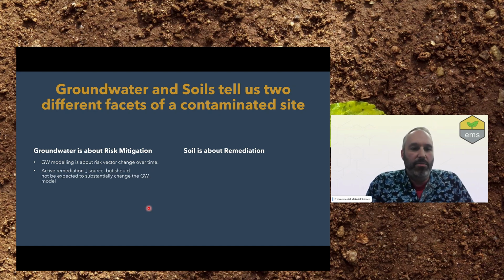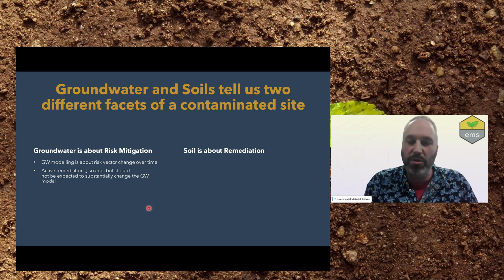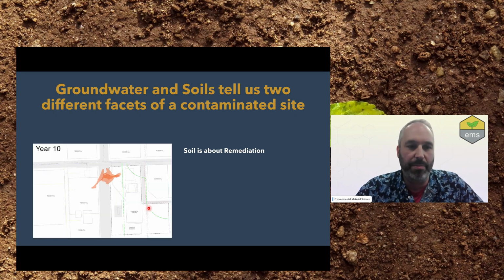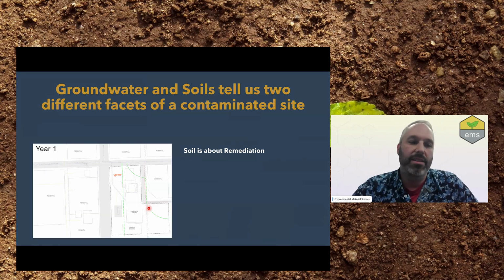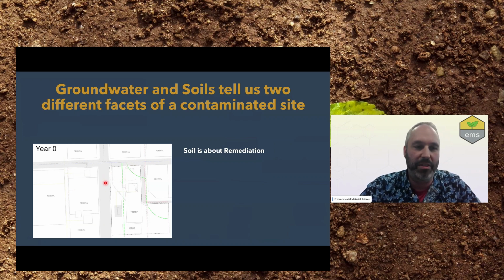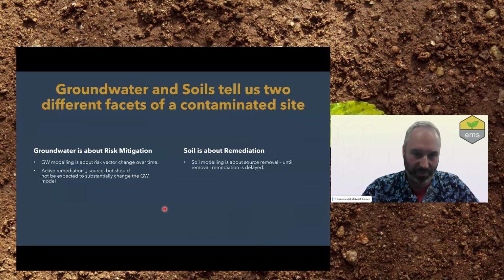Remediation will deplete the source, but until you've pretty much removed the source from the soil, it's always going to act as a supply to the groundwater, so the groundwater might not be expected to change too much. This just illustrates the risk vector that groundwater represents. Ideally you don't see something like this, where you have a release moving off site and going crazy.